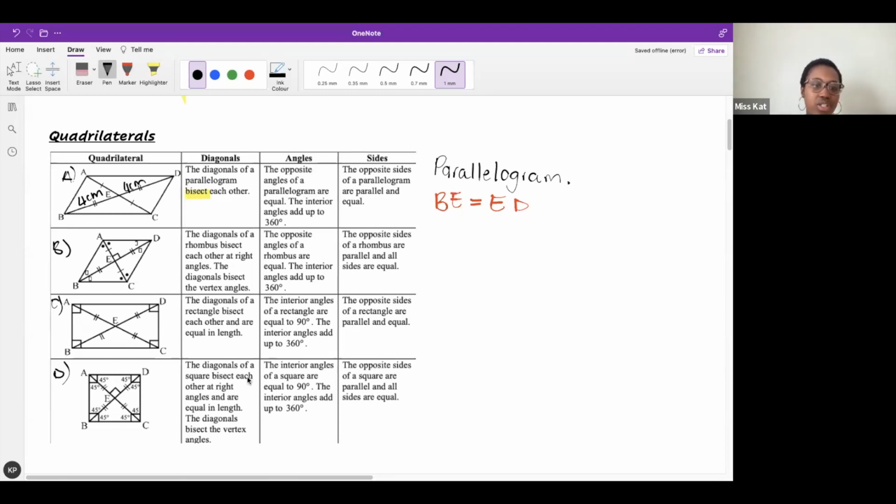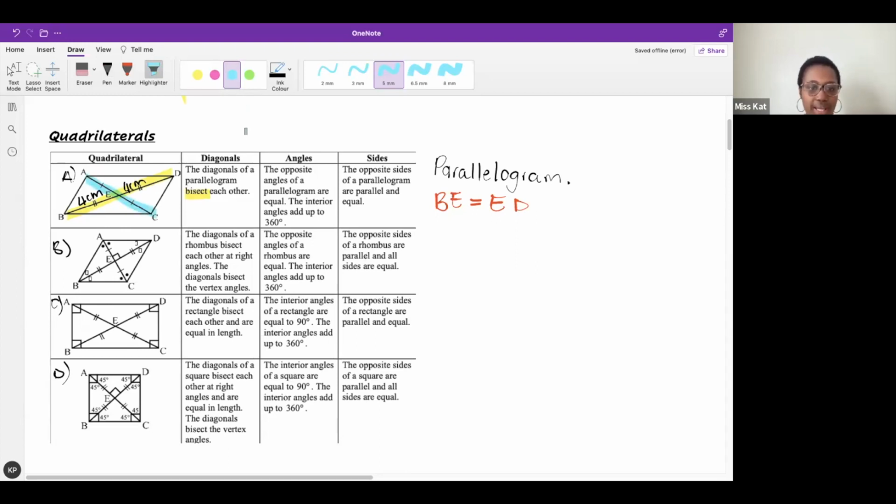Now, I have a question. If BD is 8 centimeters, does that mean AC is also 8 centimeters? So BD is the yellow one, and we have AC over there.